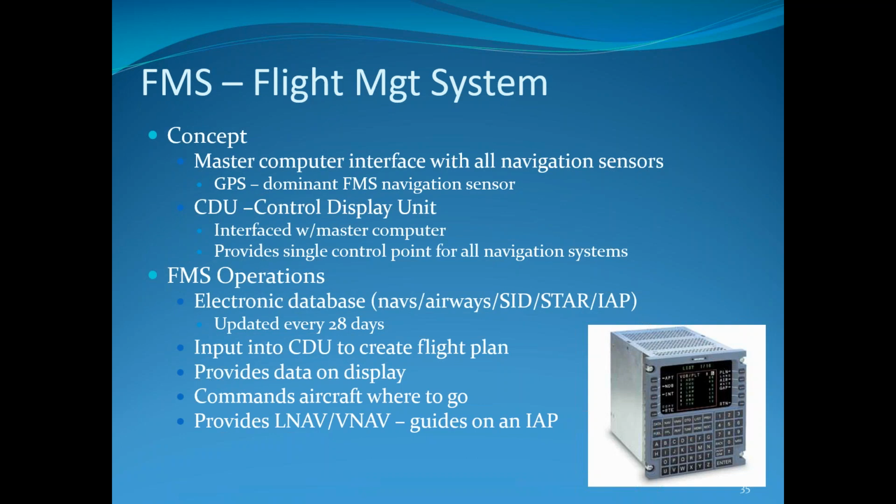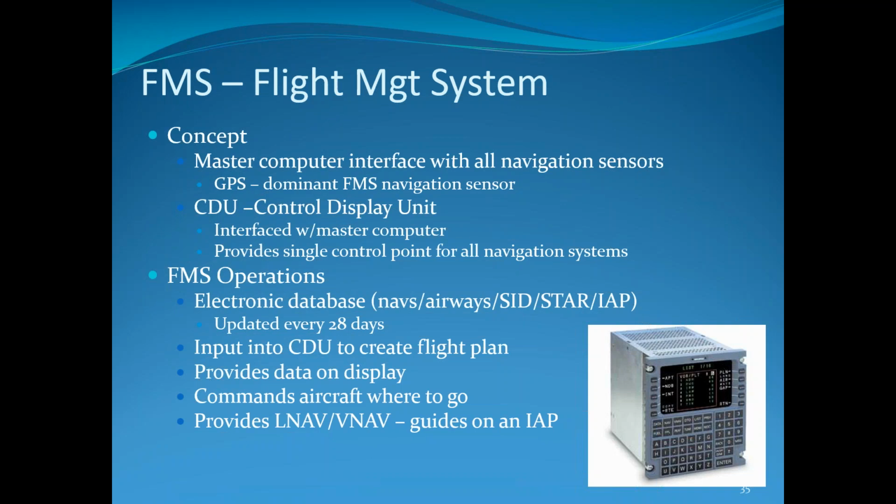It uses an electronic database of navigational aids, airways, SIDs, STARs, and instrument approach procedures. If you remember SIDs and STARs we talked about a little bit last week, that's a standard instrument departure and a standard terminal arrival route. So it has all of those routes built into it, and every 28 days it gets updated. A lot of times you'll see an airplane that has an out-of-date navigational database.